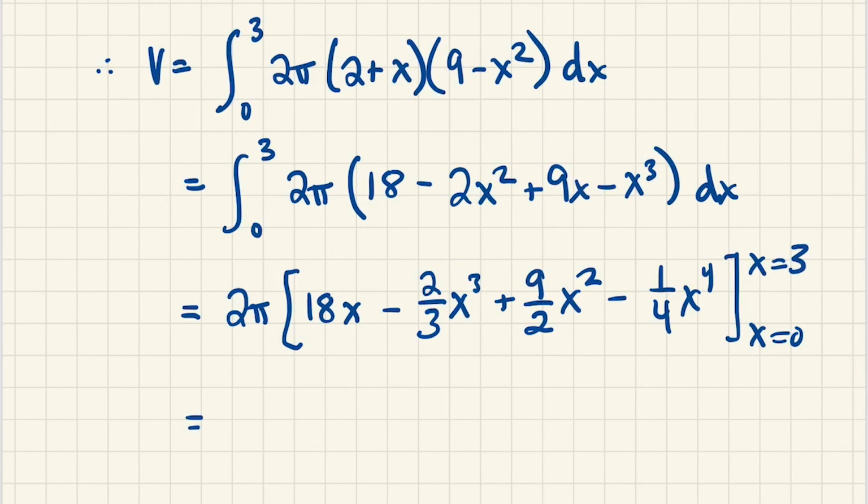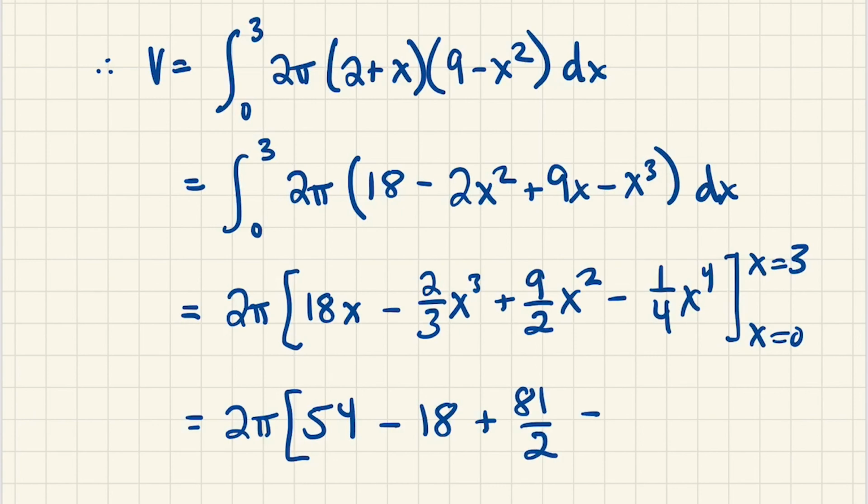Okay, let's plug 3 in here. So we have 2 pi times 18 times 3 is 54 minus 2 times 9, which is 18, plus 9 times 9, 81 over 2, minus 81 over 4. And if we plug 0 in, we just get 0.